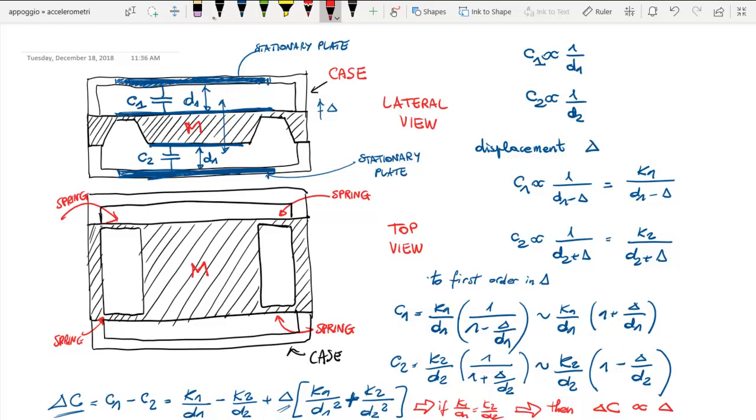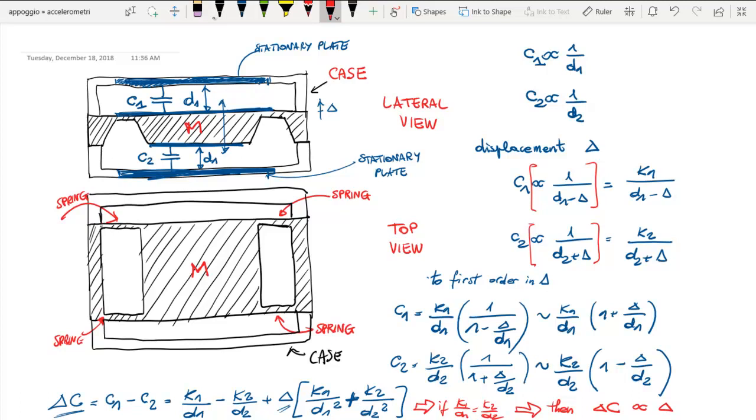So C1 is equal to K1 over D1 minus delta. We can just remove this part. K1 is the proportionality constant. Maybe it's more clear. So C1 is equal to K1 over D1 minus delta.